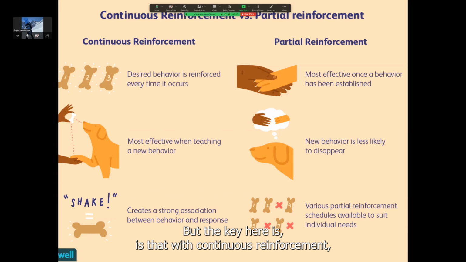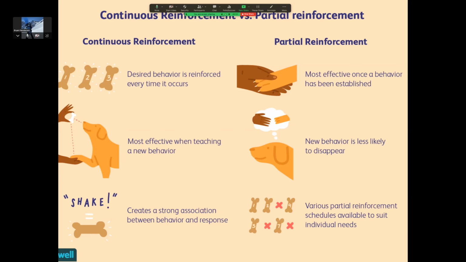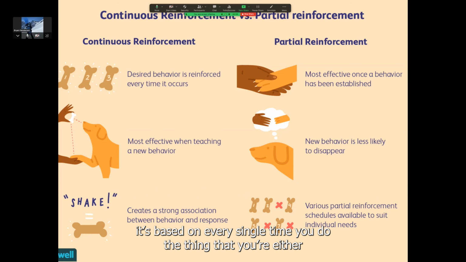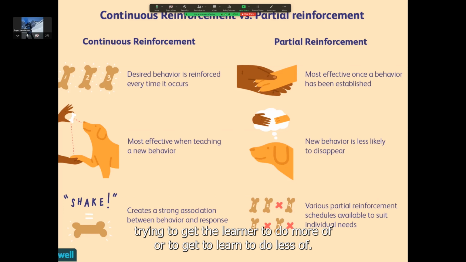But the key here is that with continuous reinforcement, whether you're giving or taking away something you like or don't like, it's based on every single time you do the thing that you're either trying to get the learner to do more of or to do less of.